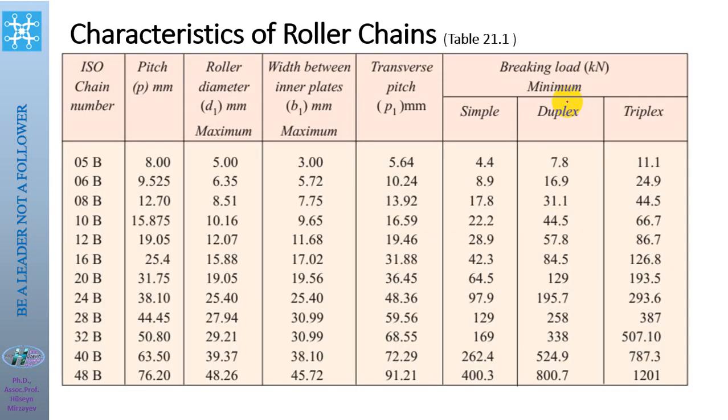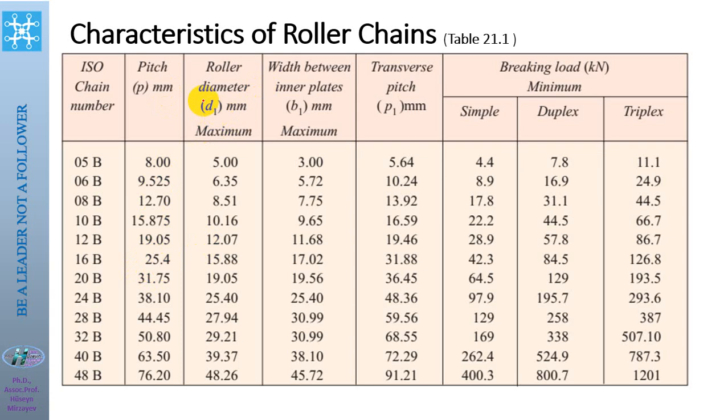Main parameters of the roller chains may be selected from the table. These are chain numbers according to the ISO standards. Main parameters: pitch of the chain, measured using inch value. 25.4 is 1 inch chains.